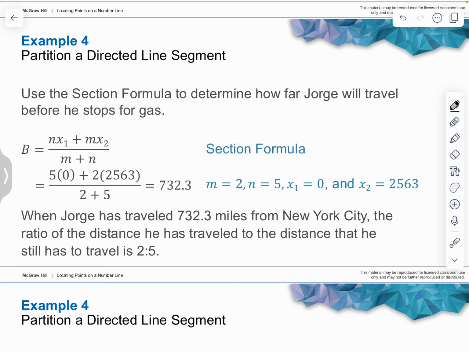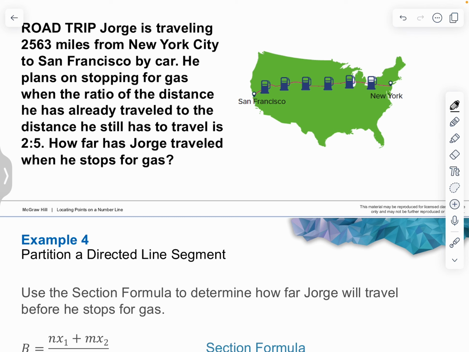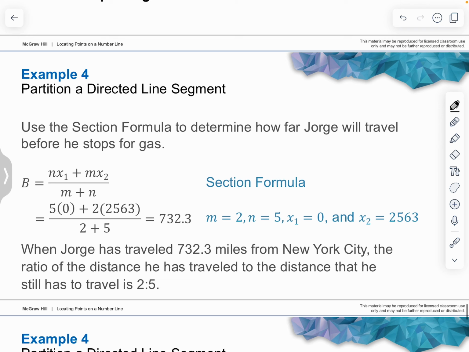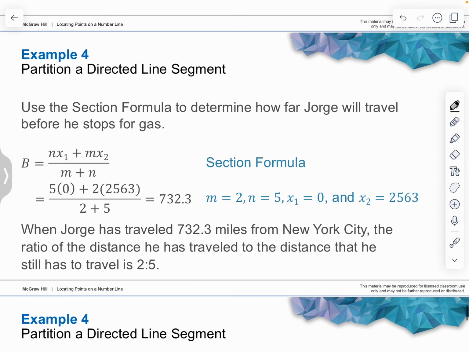That's interesting, because there's no 5 like that. So 5 to 2. So 5 times 0 and 2 on the other side.